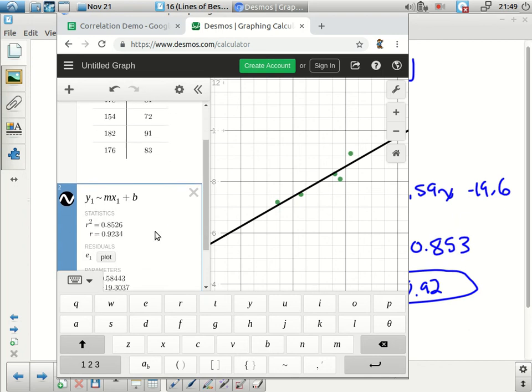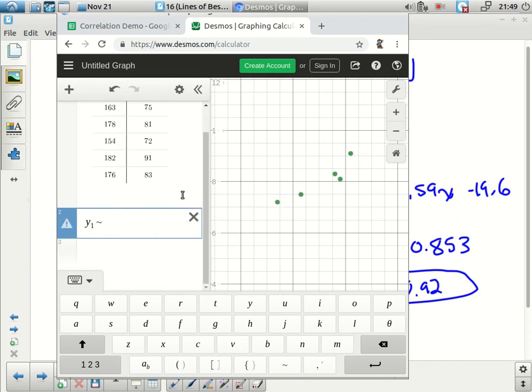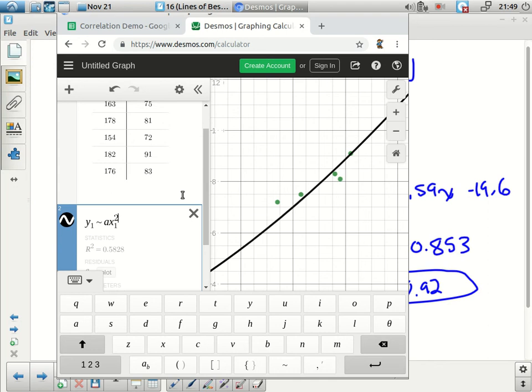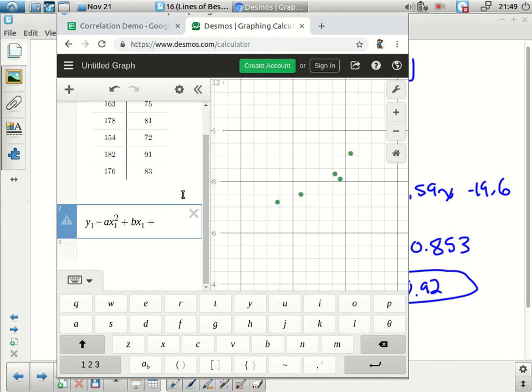If I wanted to do quadratic, okay, the basic form for a quadratic is ax. So again, I have to do x1 squared plus bx1 plus c.